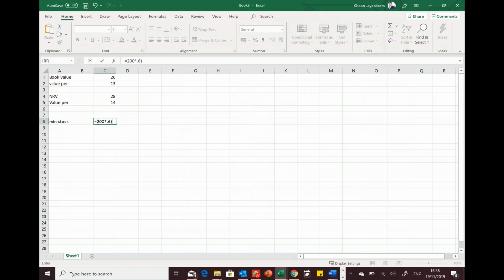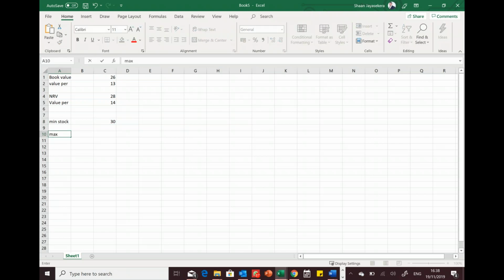That figure I will divide by 360. I believe it's 360 days. Yes, assuming 360 days, so 360, and multiply that by, in this case, 90 days. So that's 30.